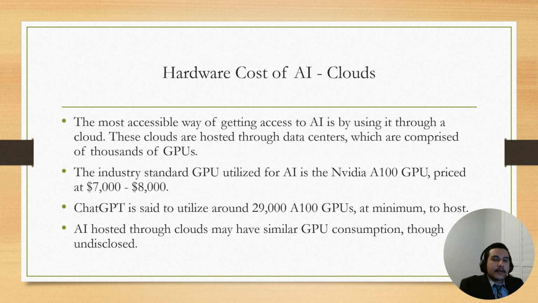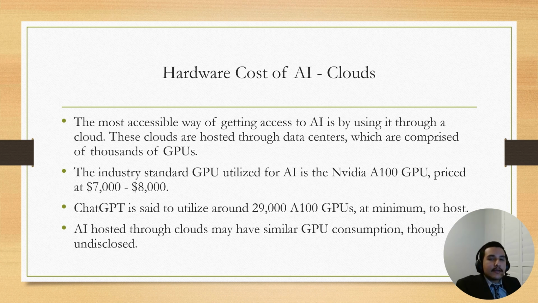First, we will look at the hardware costs of AI, which vary depending on how you choose to access AI. The first method is the most convenient, which is accessing it through the web or through a cloud. The cloud is hosted through data centers, which are home to hundreds of thousands of GPUs. The industry standard GPU to utilize for AI is the NVIDIA A100 GPU, priced at $7,000 to $8,000.